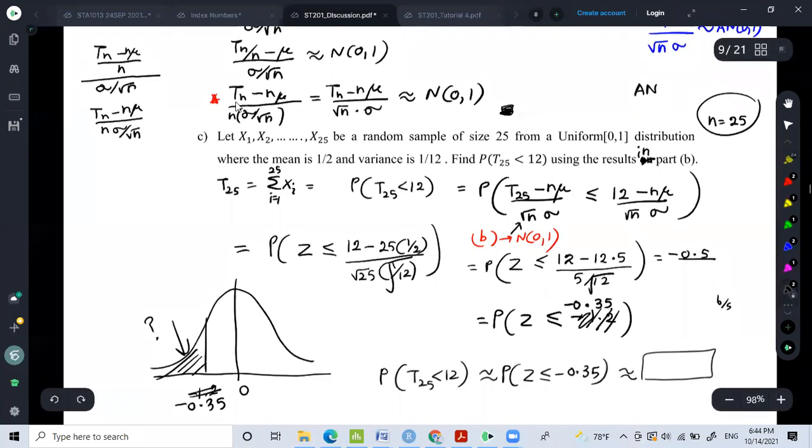Did I answer all the doubts? So you don't have to worry about the continuity correction in this situation because you are using a previously proven theorem. Any other questions?